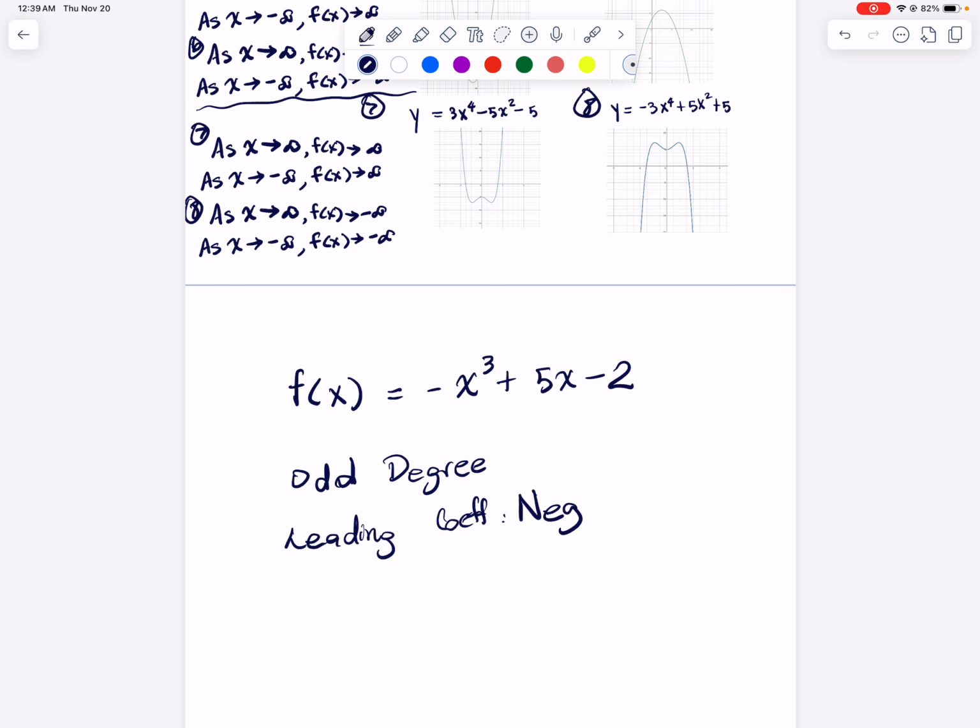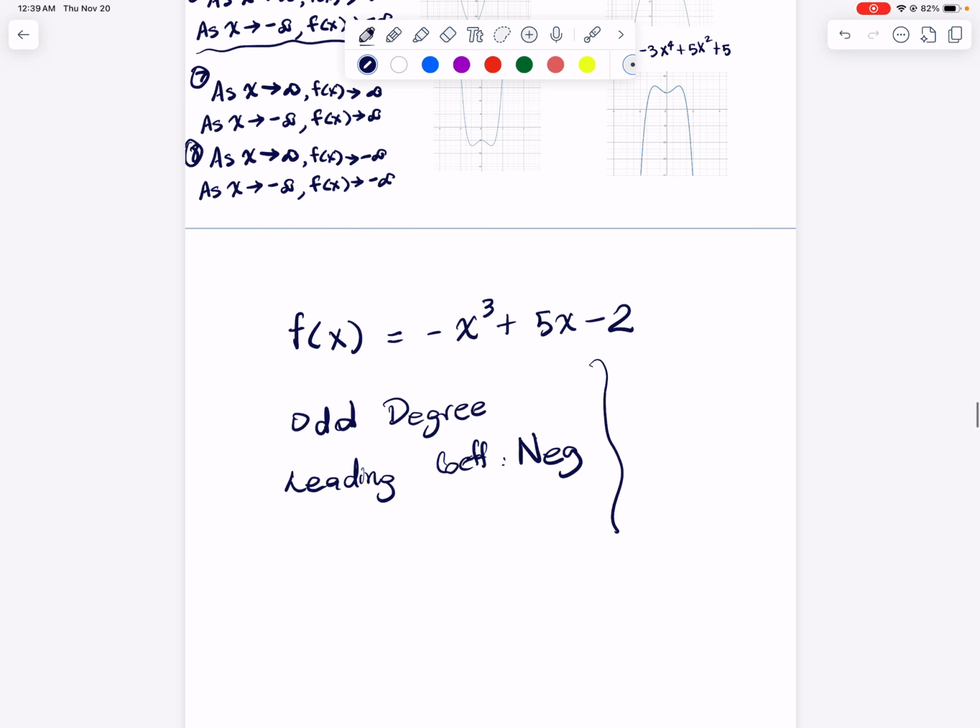All right, so I want to give that visual because I don't think it's clear if I just say it. Again, because the degree is odd, it's either going to go up or go down. However, because the leading coefficient is negative, it's going to go down. So we know that this is not the right answer because that is going up.